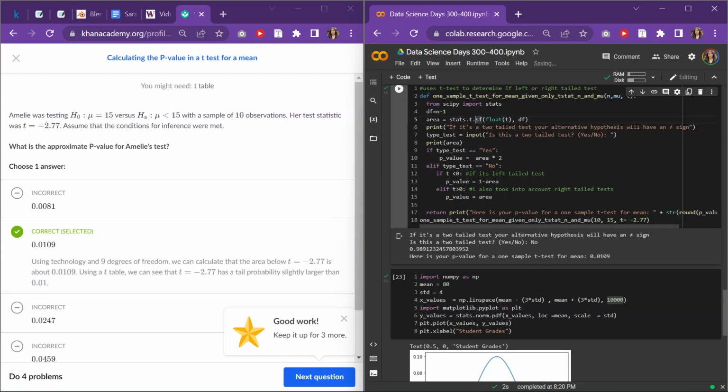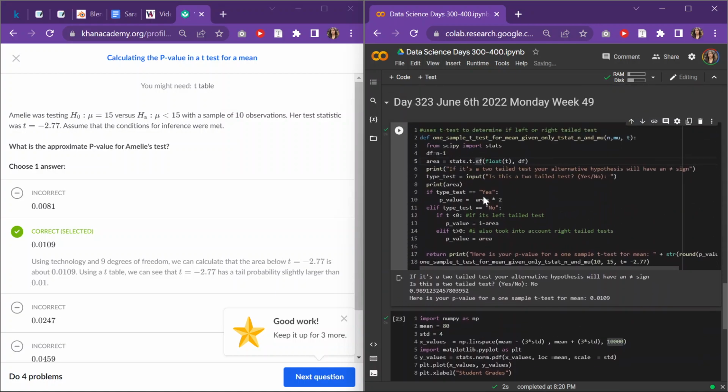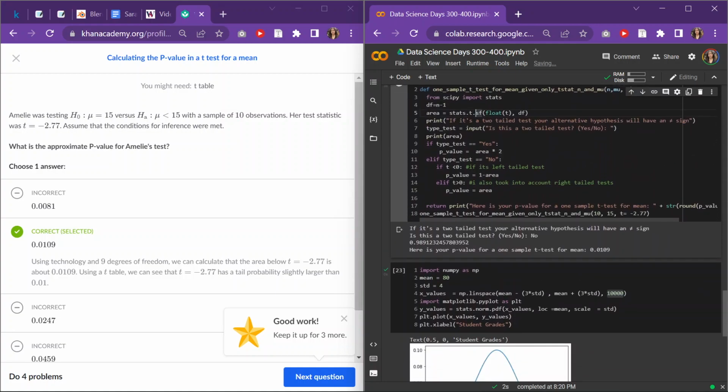Interesting. I'm trying to think here. Let me think. So if the type test is a two-tailed test, p-value is area times 2, which makes sense, right?